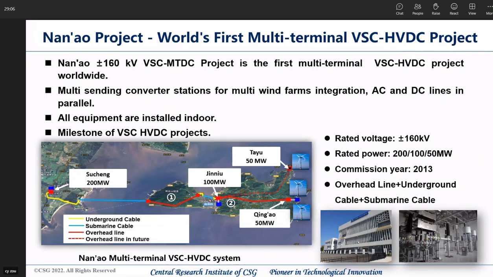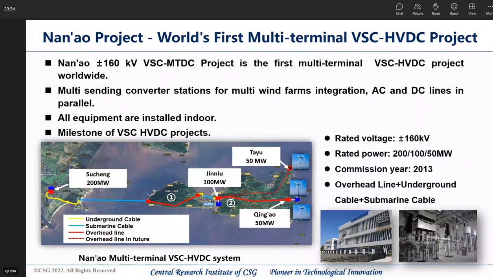There are 2 sending terminals for multi-wind farms integrating in Nan'ao Island. The DC level is 160 kilovolts. The rated power is 200 megawatts. It's very small because this is the first VSC HVDC technology in CSG, and all equipment is installed indoors, put in a building.